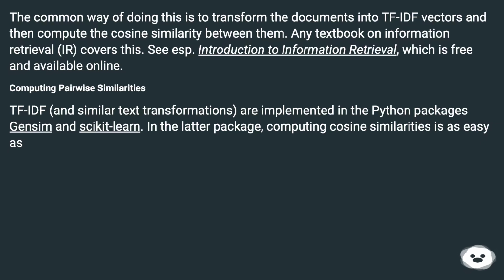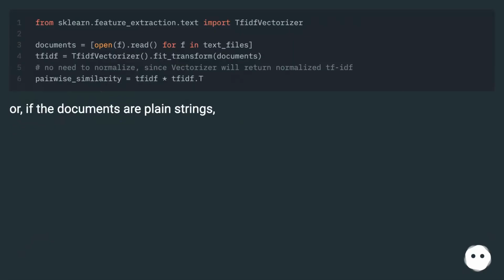TF-IDF, and similar text transformations, are implemented in the Python packages gensim and scikit-learn. In the latter package, computing cosine similarities is as easy as, or, if the documents are plain strings.